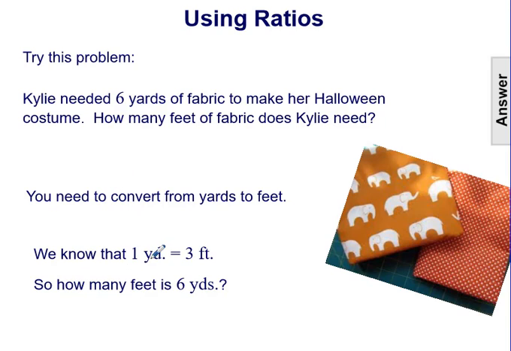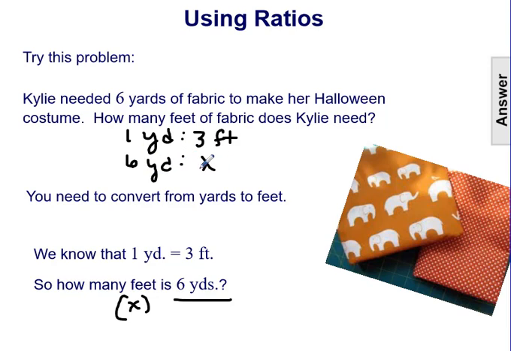So we know that 1 yard equals 3 feet, so we need to know how many feet are in 6 yards. Well, if 1 yard is 3 feet, that's our first ratio we can set up. And we're trying to figure out how many feet, that's an unknown, are in 6 yards. So 6 yards would be compared to x.